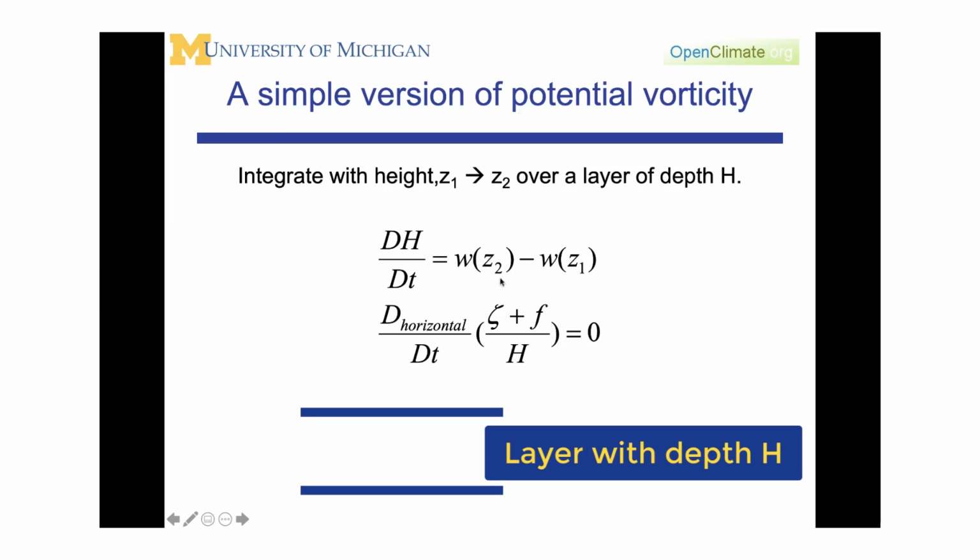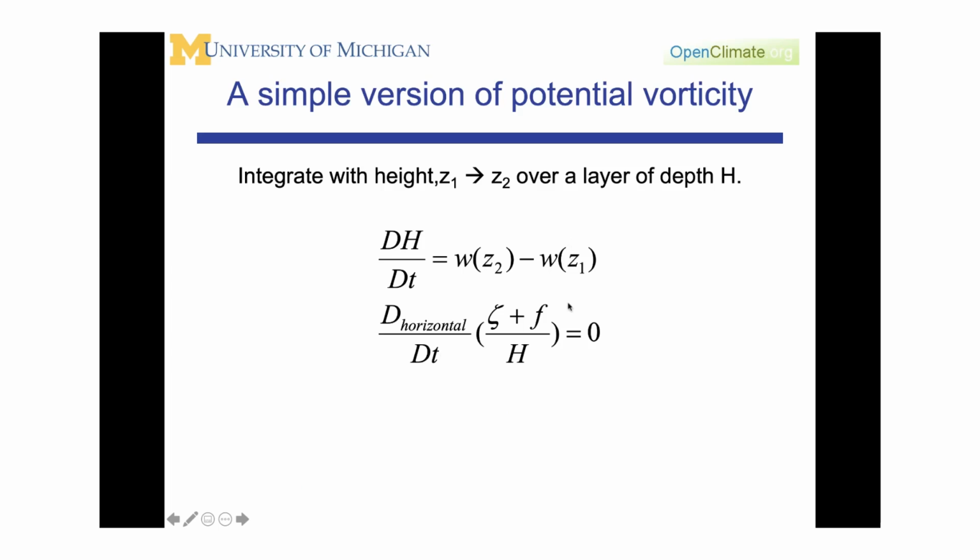Because if you imagine this is really the divergence of the depth of the layer, and hence you can imagine the top and bottom surfaces of that layer stretching or coming together, compressing as time goes on.